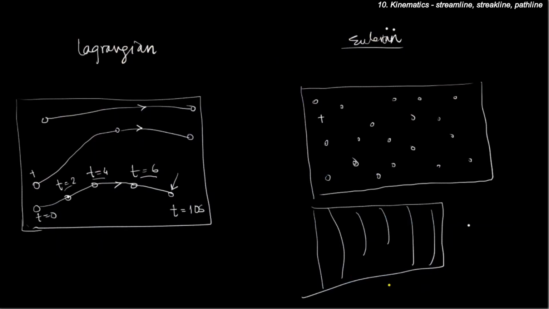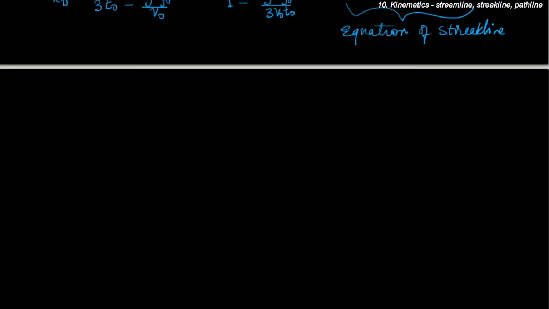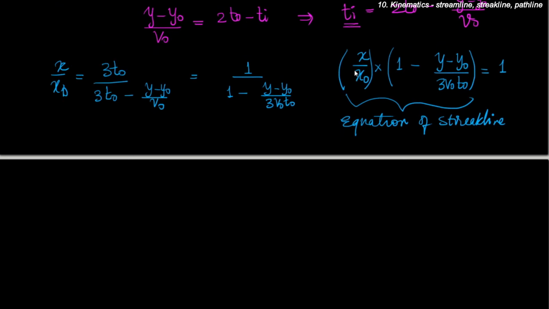And the physical meaning is clear. It means that for all injection times Ti, if this is the point of injection x0 y0, then for Ti equal to T0, the particle at the end of 2T0 will go over here, suppose. So this is the particle which was injected at Ti equal to T0.